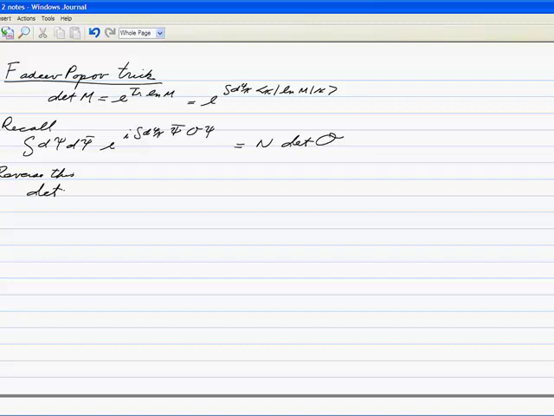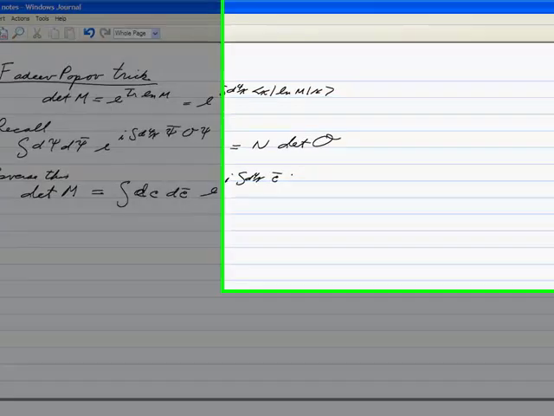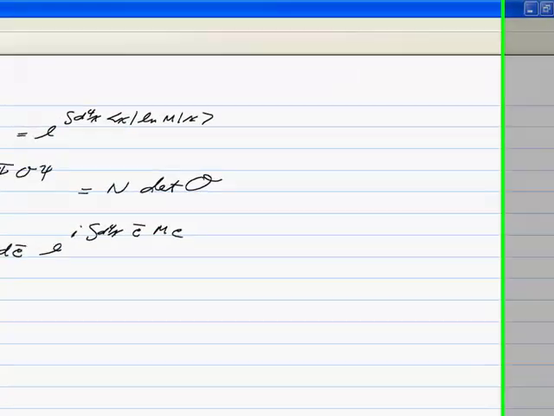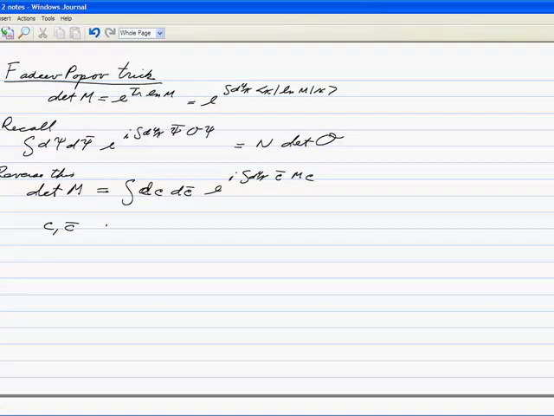If we have some determinant M, we can imagine some new fields. We'll call them c and c bar, and write this as e to the i integral d4x c bar M c. So in this case, c and c bar are fermions. They're going to be called ghosts.